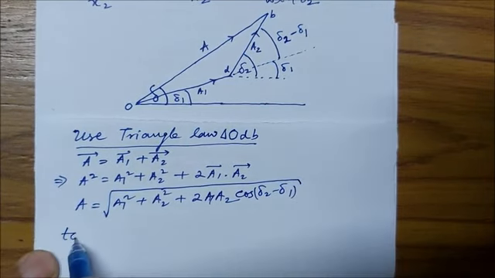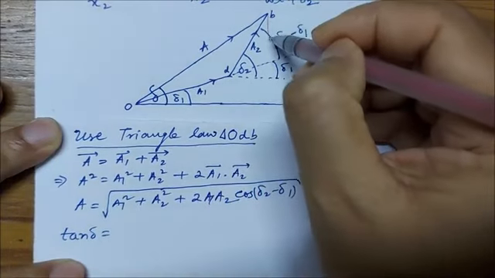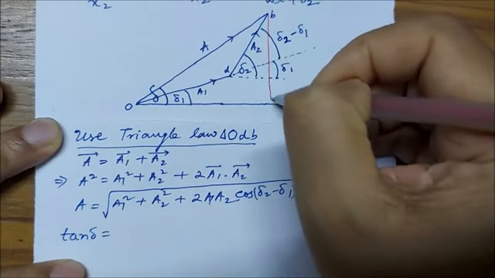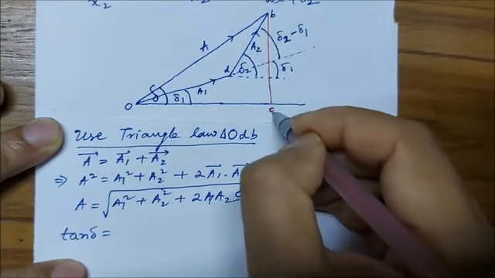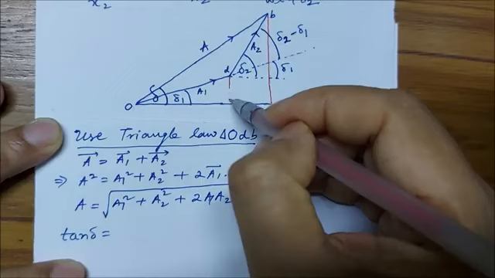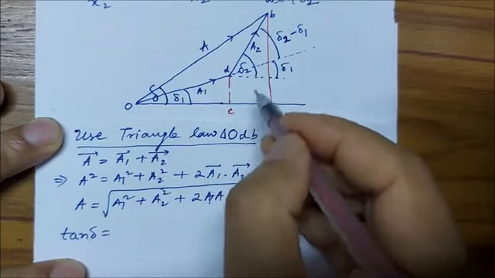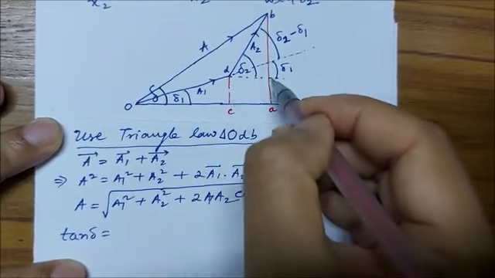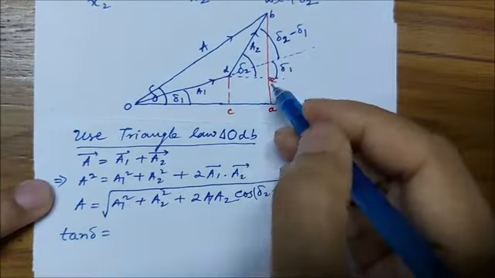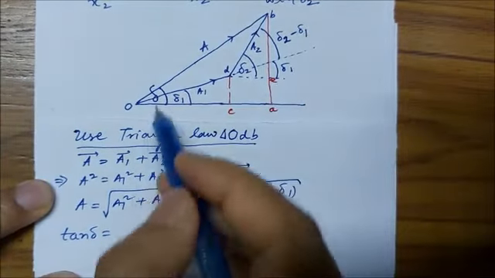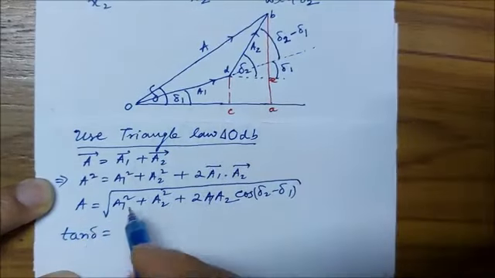Next, what is tan of delta? Let us drop perpendiculars from B point. The foot say is A, and let us drop perpendicular from D. The foot is say C, and this point is say E. So tan delta is BA by OA.